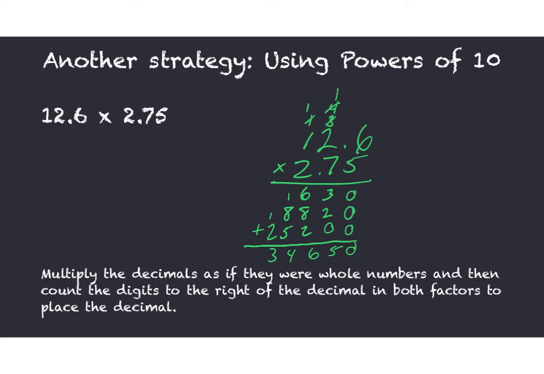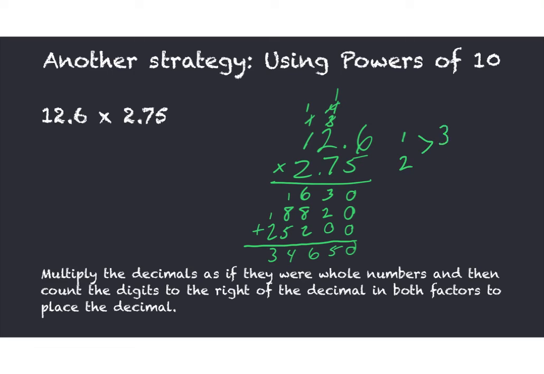Our first factor has 1 digit behind the decimal. Our second factor has 2 digits behind the decimal. If we put those together, we have 3 digits to the right of the decimal.